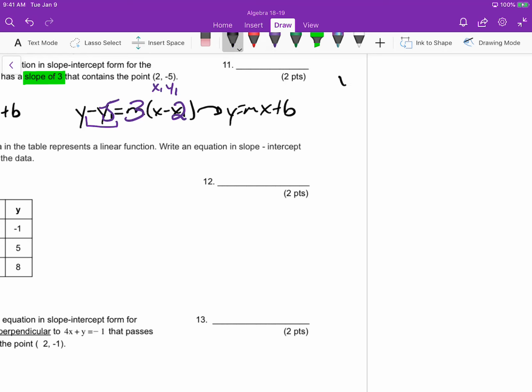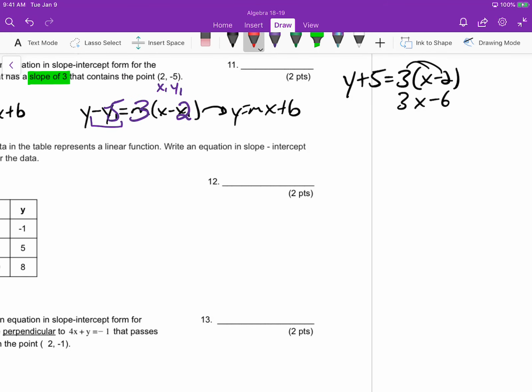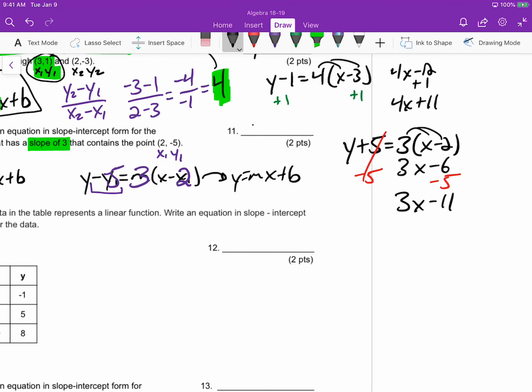So I have y plus 5 equals the slope times x minus 2. So I'm just going to distribute 3x minus 6, and I need to minus that 5 over to the other side. So I'm going to get negative 11, 3x minus 11. So let me just write my answer, y equals 3x minus 11.